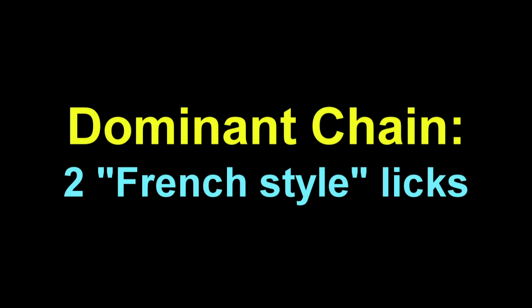So let's start with the licks I've chosen for the dominant chain. I want to spice things up a bit, so for the dominant chain I've chosen some more modern, some more French style sounding licks.